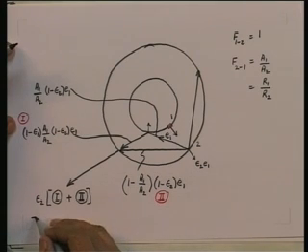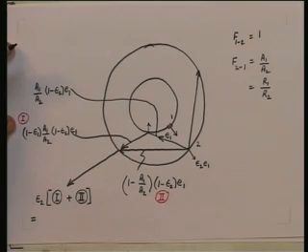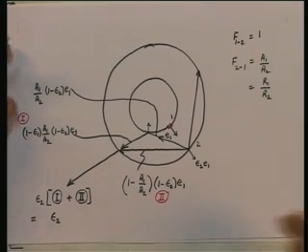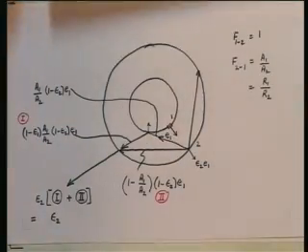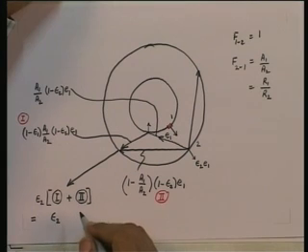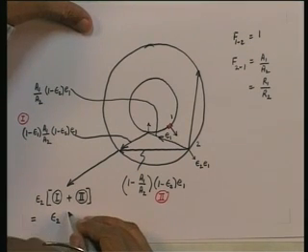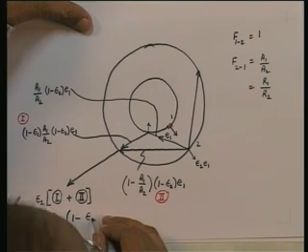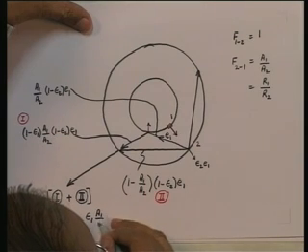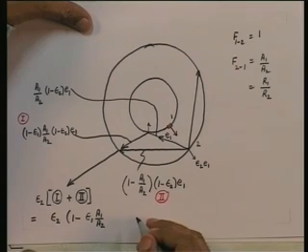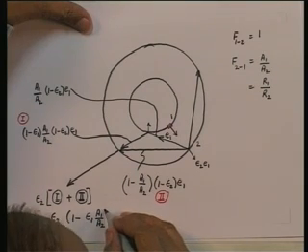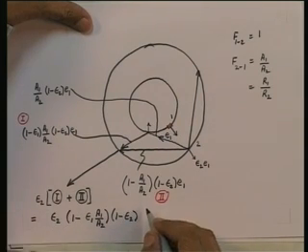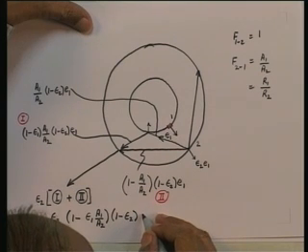And if I work out that expression, I am going to get epsilon 2 into 1 minus epsilon 1 A1 upon A2 multiplied by 1 minus epsilon 2 multiplied by E1.